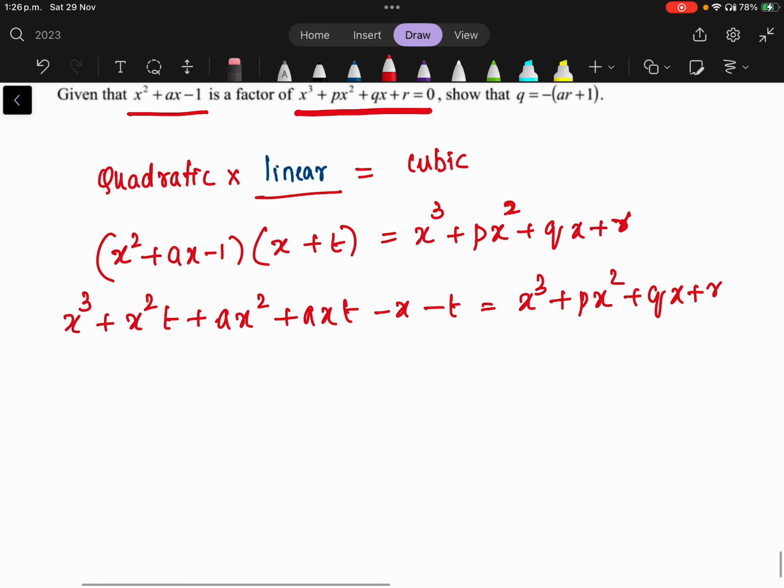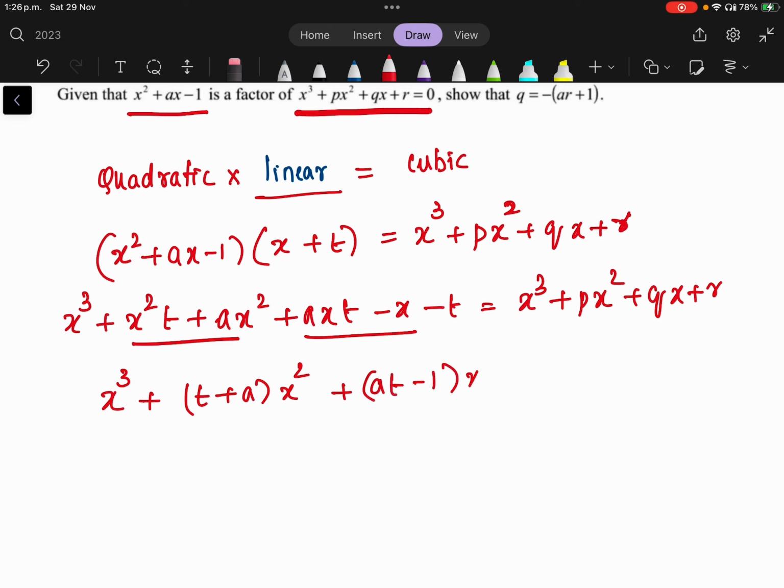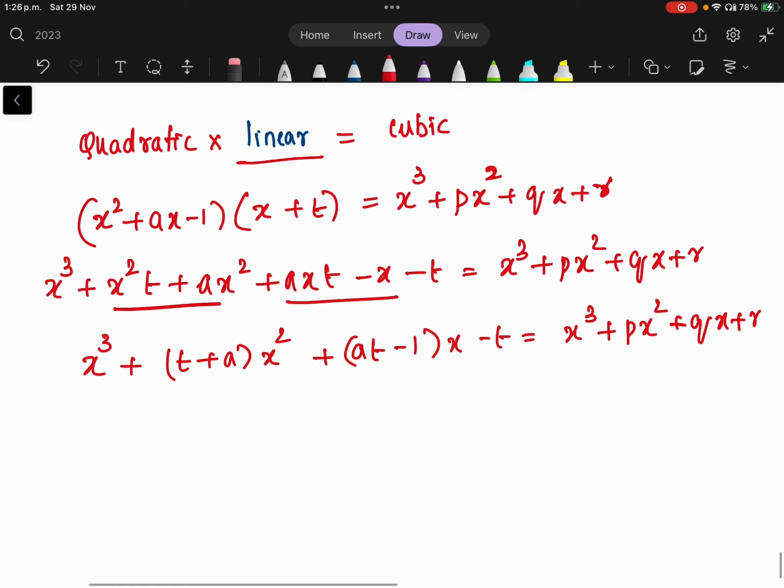Then I'll combine all the terms of x square and the terms of x for my comfort. So I will write it as t plus a times x square plus at minus 1 times x minus t, that is equal to x cube plus px square plus qx plus r.